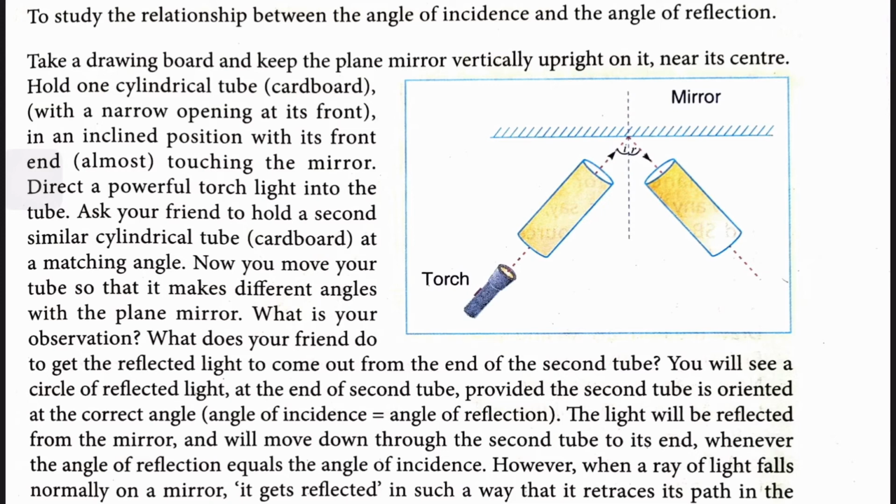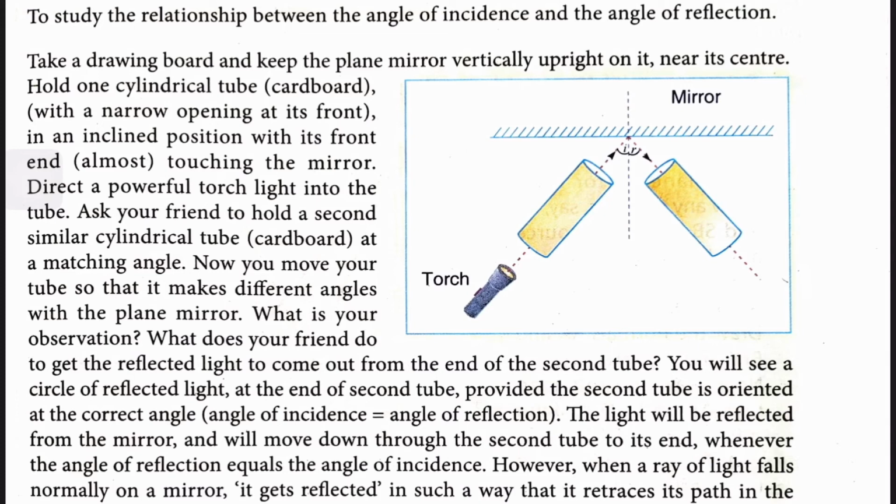Near its center, hold one cylindrical cardboard tube with a narrow opening at its front in an inclined position with its front end almost touching the mirror. Direct a powerful torch light into the tube. Ask your friend to hold a second similar cylindrical cardboard tube at a matching angle.